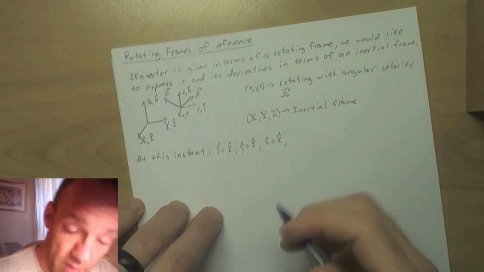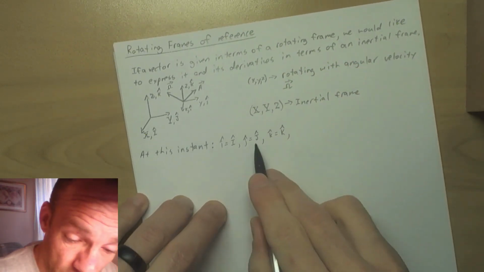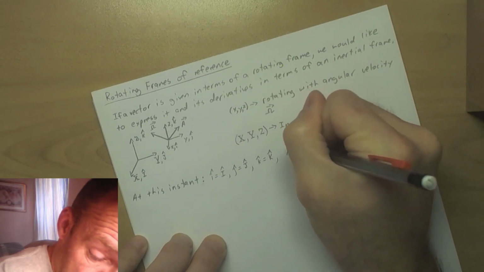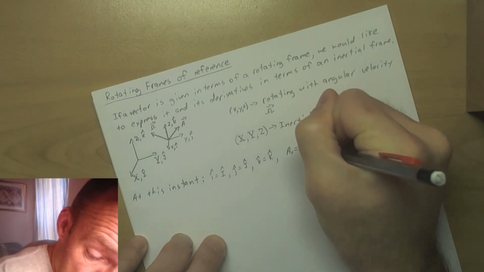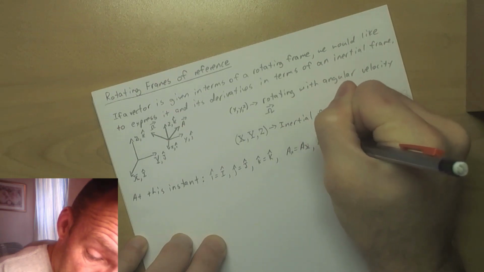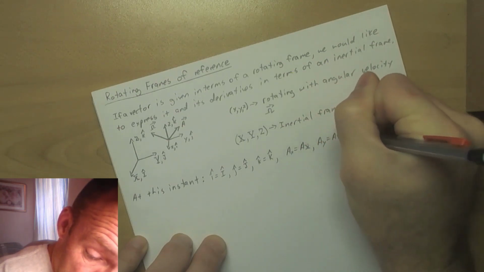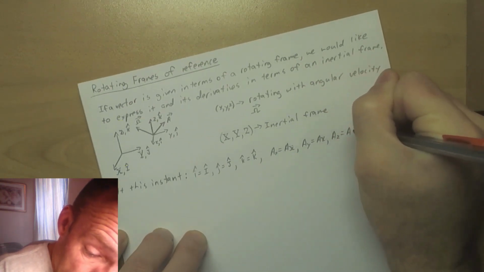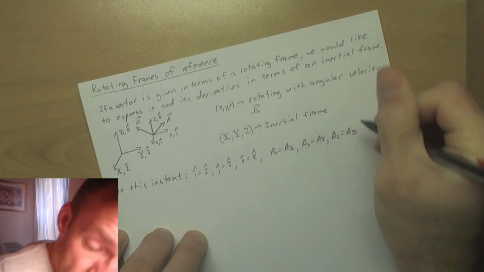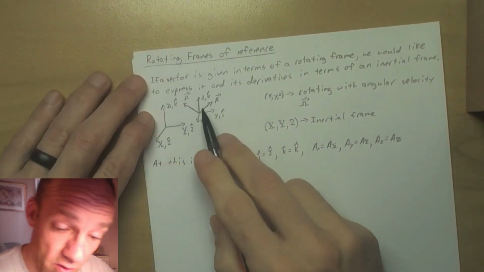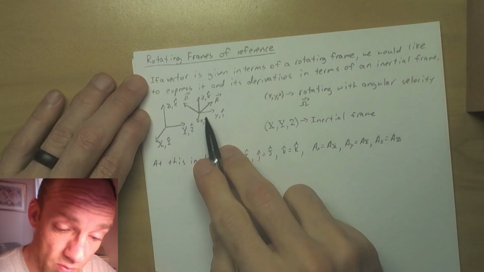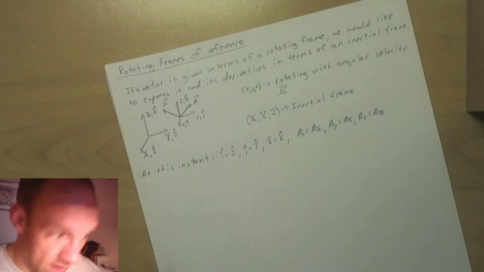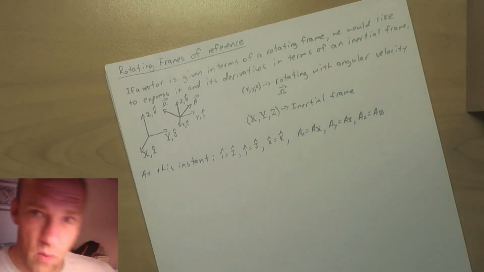It follows just by the fact that all the unit vectors are the same. So A, at this instant, this is true only at this instant in time because of the fact that the two coordinate systems are aligned with one another. Okay. In the next instant, that'll cease to be true. Okay.